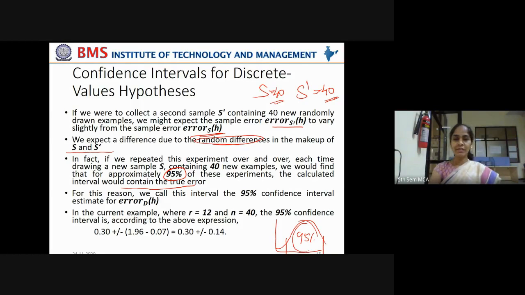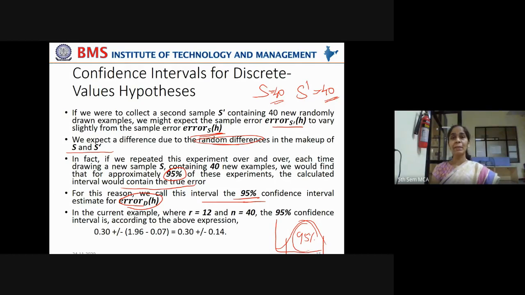For this reason, we call this 95% interval the confidence interval estimate for the true error. 95% of the time we are stating that true error will be equal to sample error. Means 95% of the time your machine learning model will predict well. Its performance with respect to sample error and the true error will be similar.